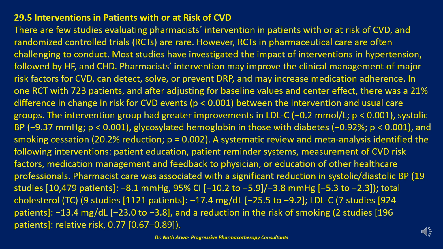The intervention group had greater improvements in LDL-C, that is negative 0.2 millimoles per liter, with a p-value less than 0.001, systolic BP, that is negative 9.37 millimeters of mercury, with a p-value less than 0.001, glycosylated hemoglobin in those with diabetes mellitus, that is negative 0.92%, with a p-value less than 0.001, and smoking cessation, that is 20.2% reduction, with a p-value equal to 0.002.